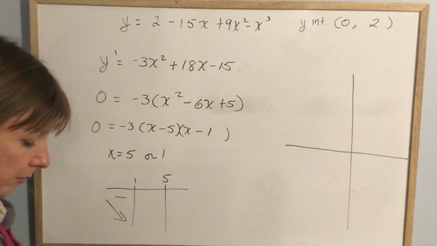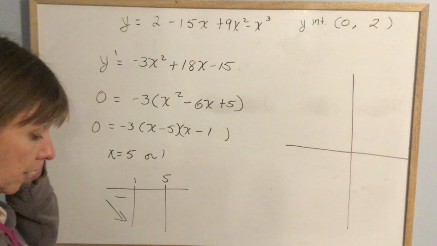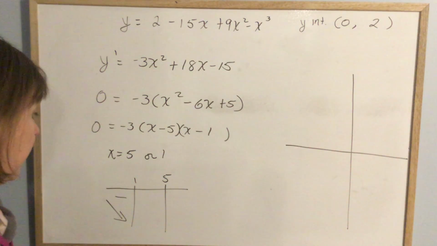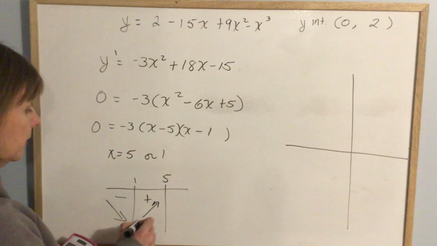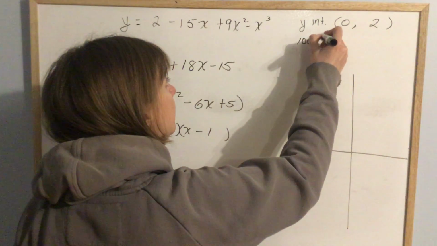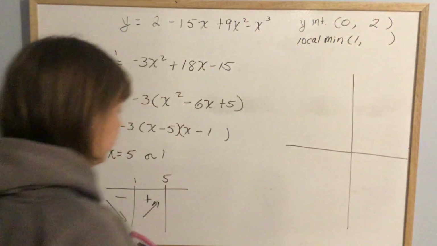Plus 18 times 2, which is 36, and then minus 15, I get a positive 9. So it's increasing, meaning I have a local minimum when my x is 1.